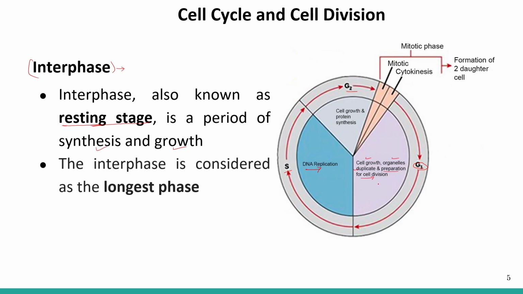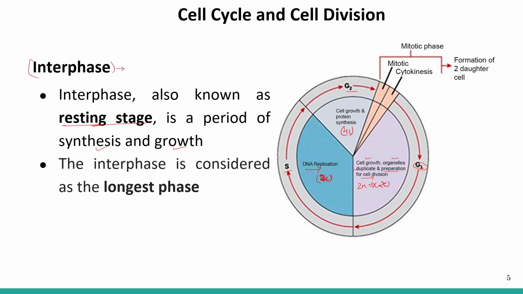If the amount of DNA here was, suppose, 2C, here it will become 4C. If the organism is diploid, initially 2N, then 2N contains 2C amount of DNA. Before S phase it will be 2C, but after the S phase it will become 4C.